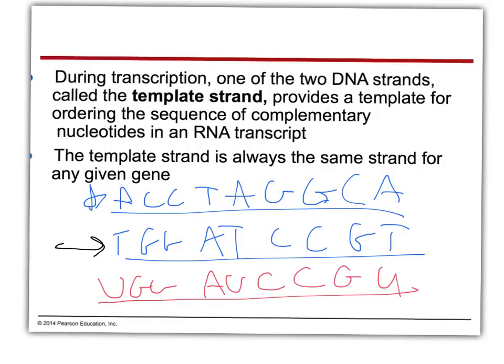Is it going to give you the same RNA? No. Okay? So for any given gene, the template strand needs to be the same every time, or else you're not going to get the same RNA. Right? Not the same RNA leads to a different protein. Therefore, it's a different gene. Right? Different function.